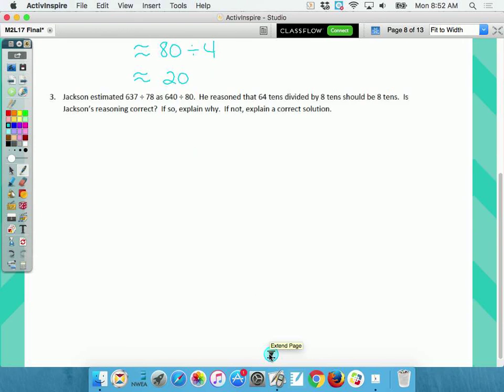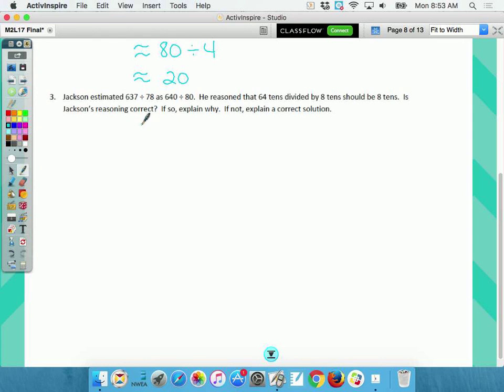It says Jackson estimated 637 divided by 78 as 640 divided by 80. He reasoned that 64 tens divided by 8 tens should be 8 tens. Is Jackson's reasoning correct? Okay, let's write it out in unit form.